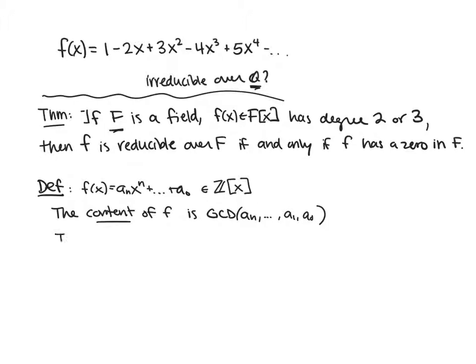And if the content is 1, so if there isn't a common factor to all of your coefficients, then f is called a primitive polynomial. That means there's no constant that you can factor out.